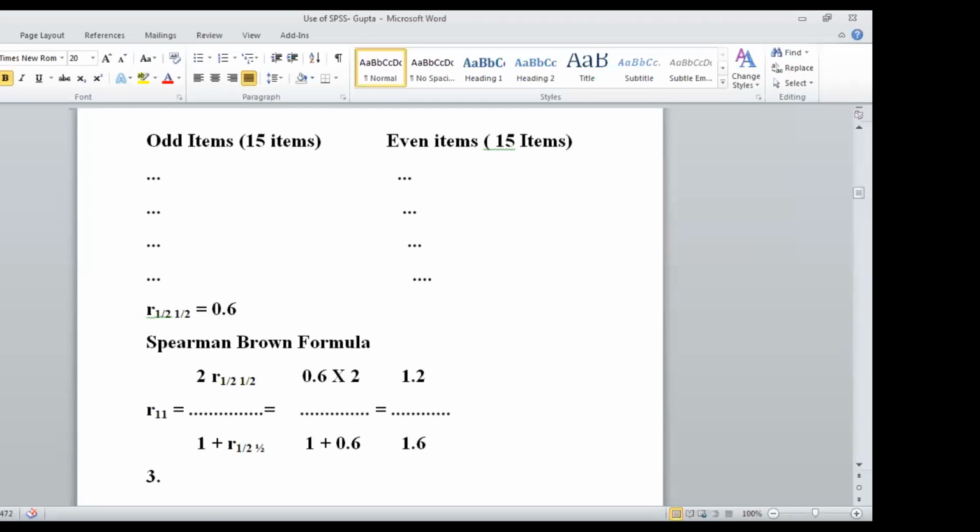Then another method is called parallel form, or you can say alternative form, or you can say equivalent form.